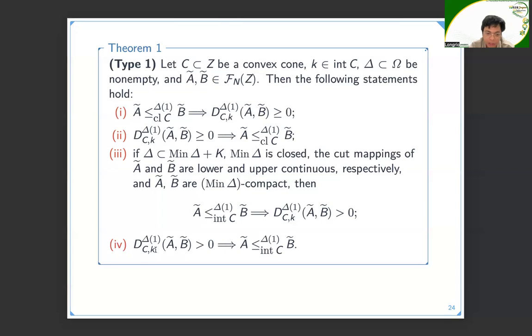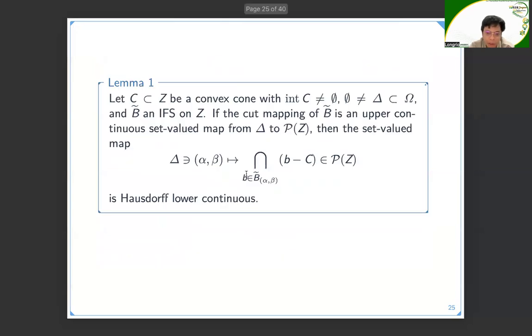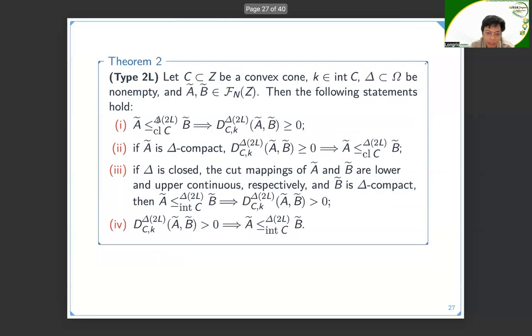So if the difference evaluation function value is positive, then we have this PFS A is inferior to B. For the other types, we have to use this lemma and also this one to have a similar ordering for type 2.